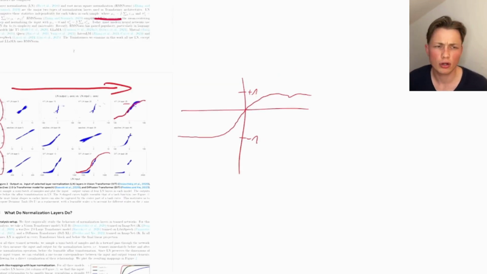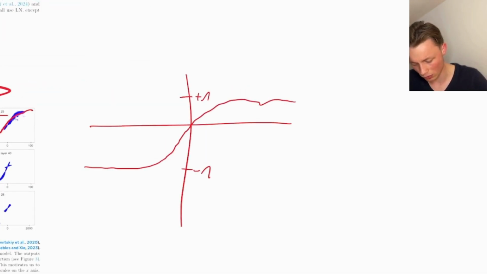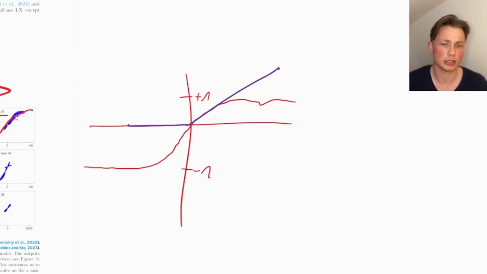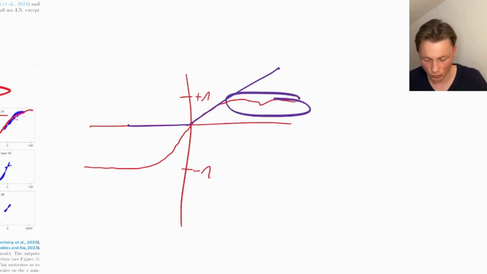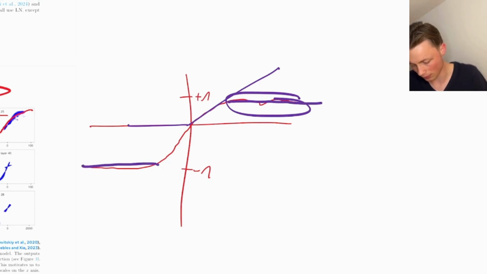A few years ago, we always used tanh as an activation function, but then everyone used ReLU, because ReLU goes like this and has better gradients. If you're in this area, for example, you can have the problem of vanishing gradients, because the gradient here gets very, very low, and also here.